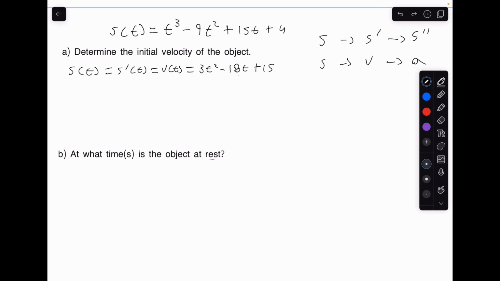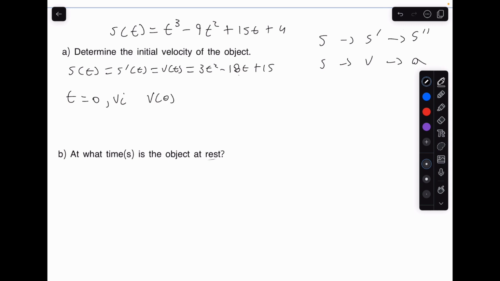The initial velocity occurs at the start of the race. When do you start timing a race? At 0 seconds. We're not going to start timing a race 2 seconds in, right? We're going to start at the initial point of velocity, which is at t equals 0. So if initial velocity occurs at t equals 0, all we have to do is plug in 0 into our velocity equation.